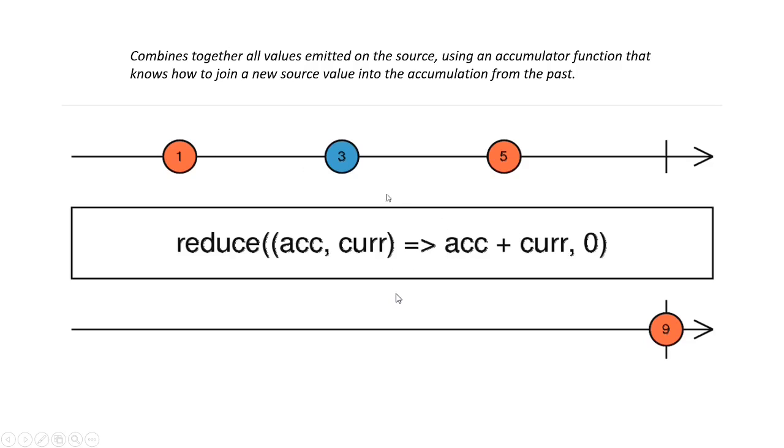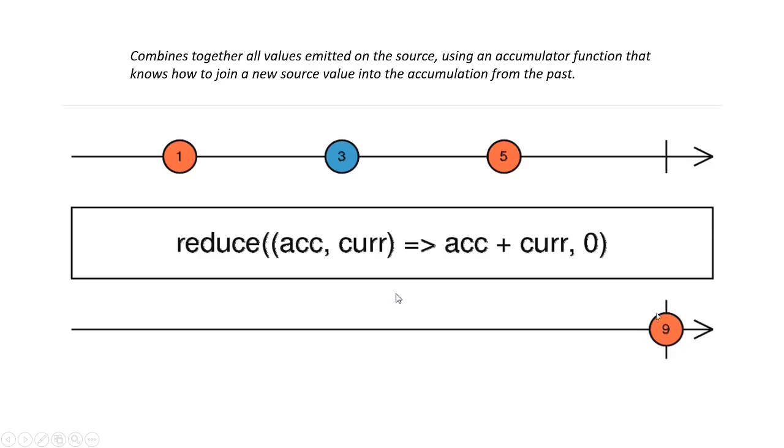So when the next value 3 comes, the accumulator value will be 1. Okay, and 3 will get added, so the accumulator value is 4, and at the last 5 will come in the current value, and then the accumulator result contains the value 9. Okay, and when the observable completes, the reduce function will produce the single accumulator value which is 9.